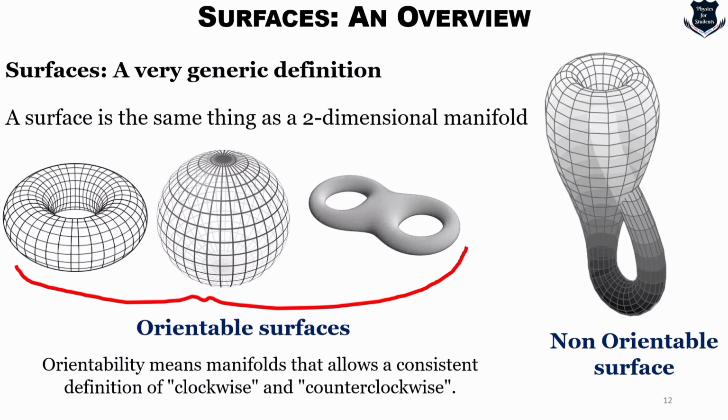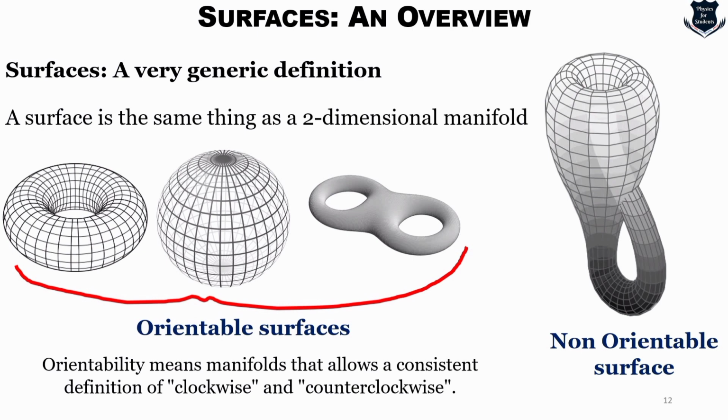What is a non-orientable surface? If an ant moves along this part, the entire direction is changed as it comes down. You can have a look at my previous video in differential geometry, which I published a week back, where I have spoken about orientable and non-orientable surfaces.